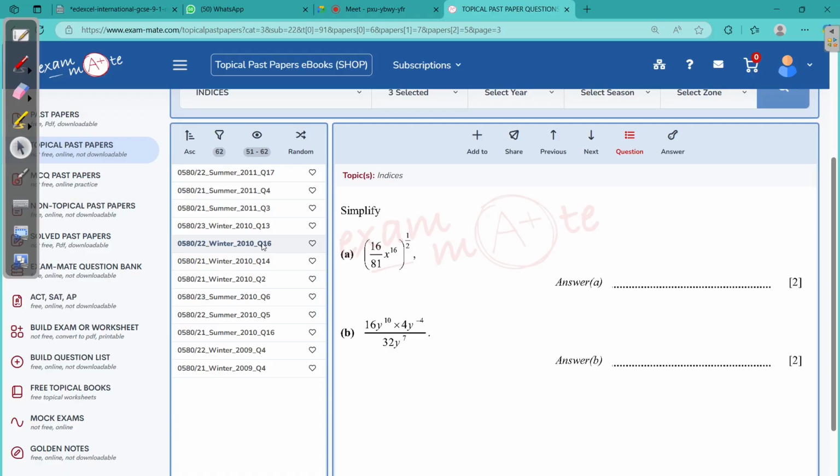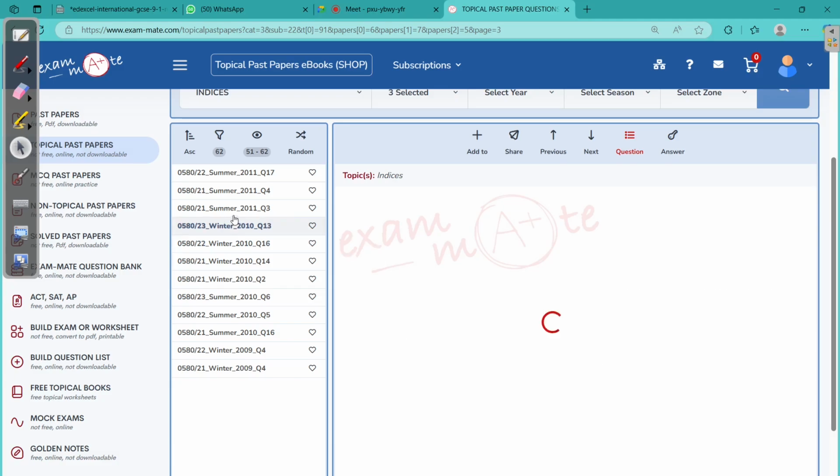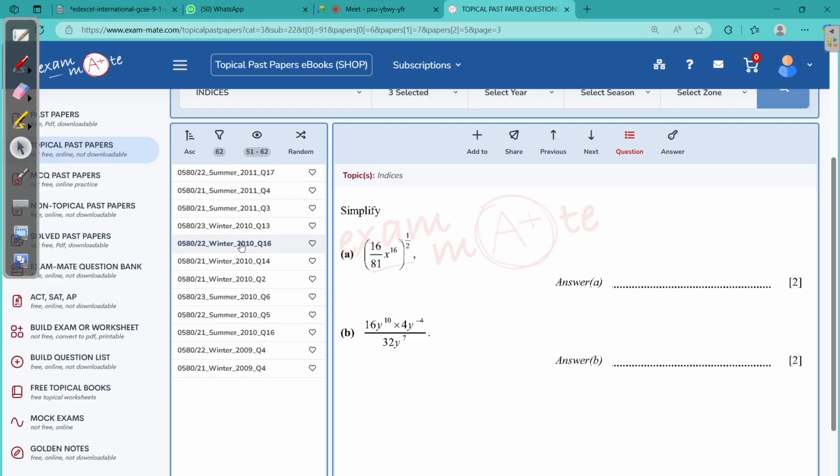Now, please see these questions and you have to decide whether you would like to solve it now or skip it now. I'll try to solve it. I think you can solve it easily, right? No, I'll try because I'm not sure. Okay, please see the A and B bit.